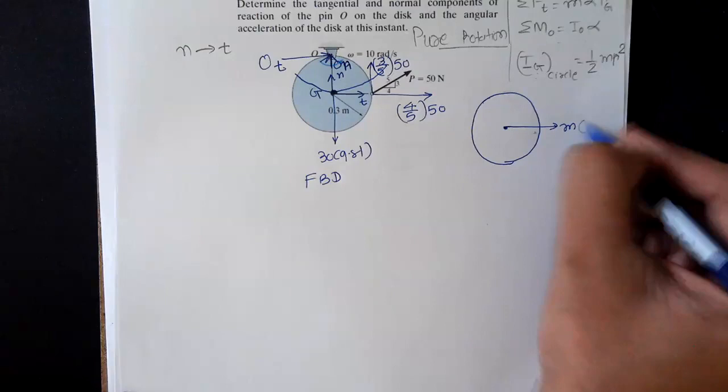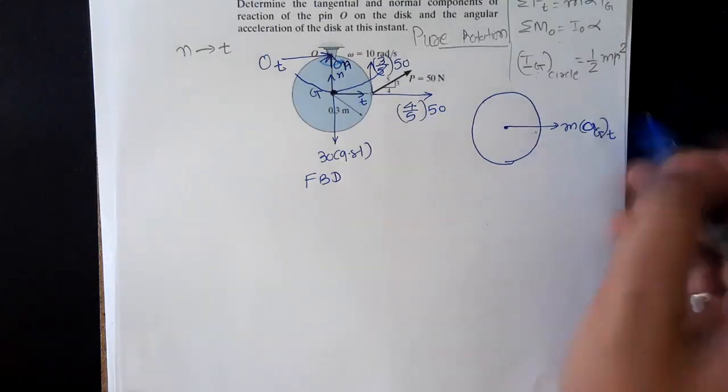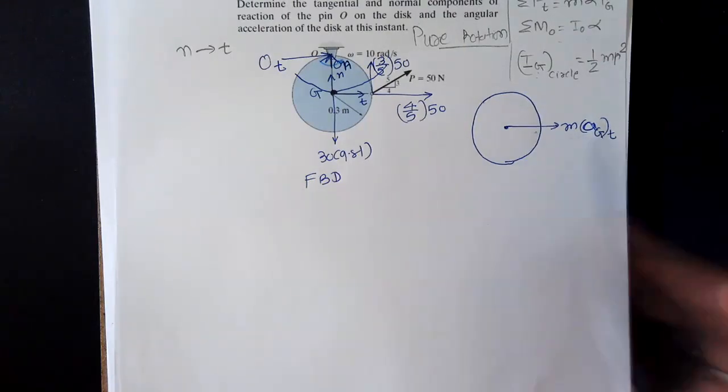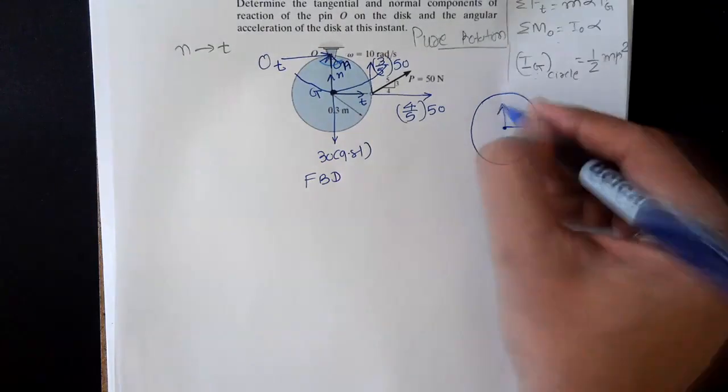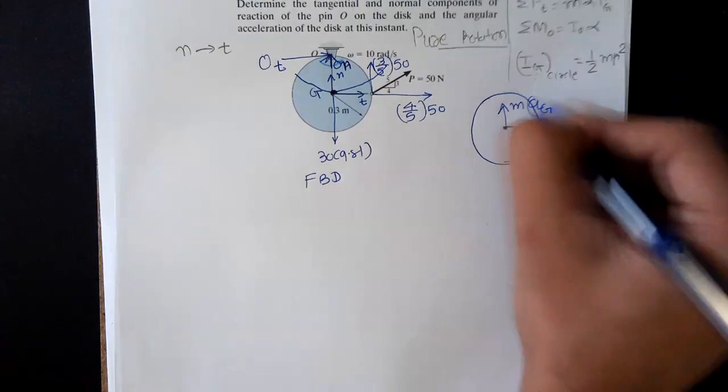So this is m a, the force due to tangential acceleration. So mass multiplied by acceleration is force. And then its resultant force in normal direction is m a_n.